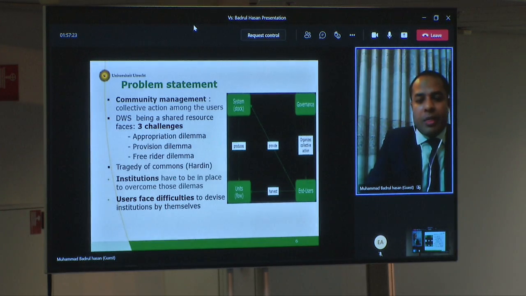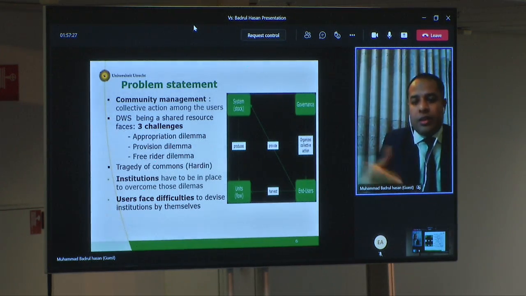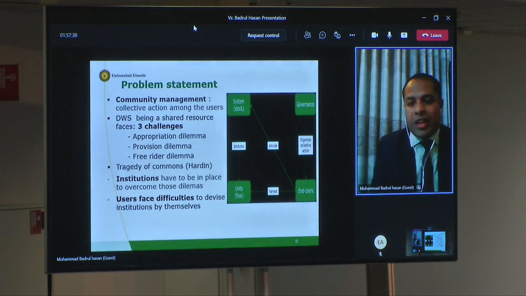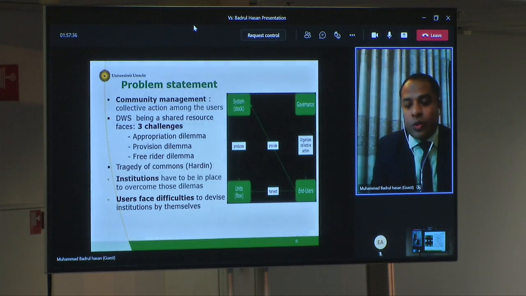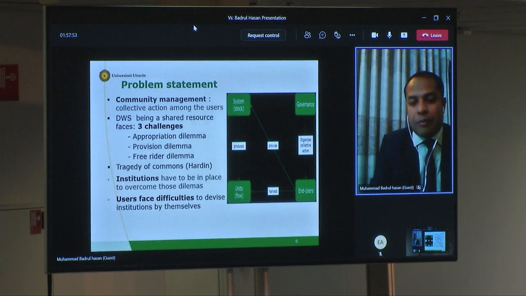This is the community management model I developed, where there is a governance that leads people to provide the inputs required for operation and maintenance of the drinking water system. Similarly, as per the existing rules, they harvest the units from the drinking water system. That's the community management approach.